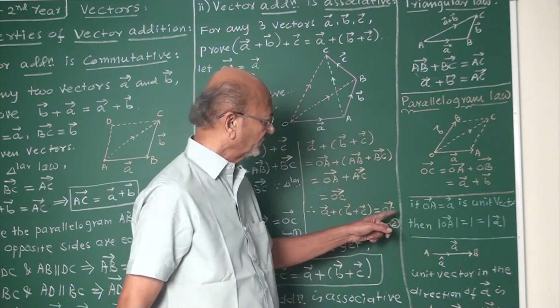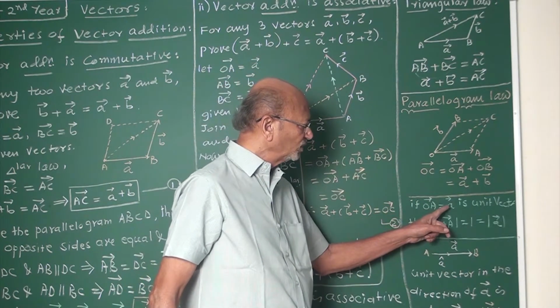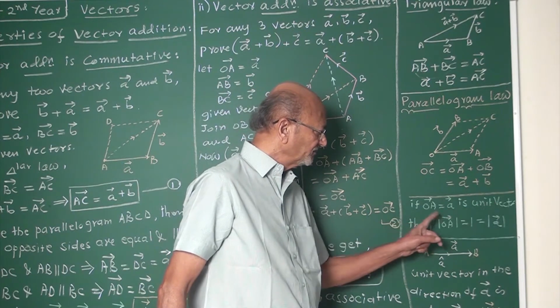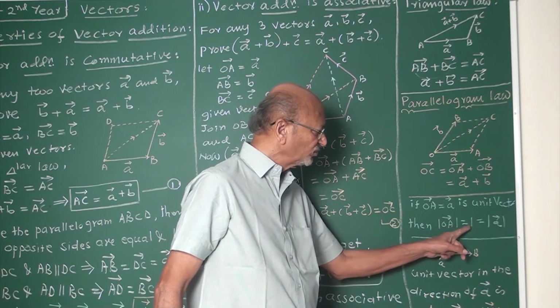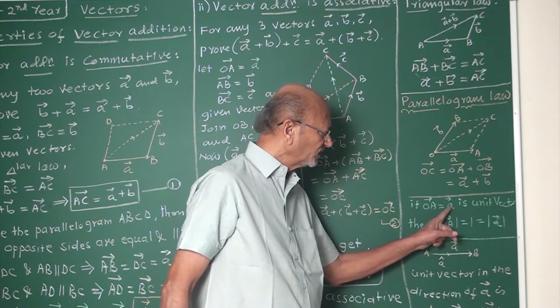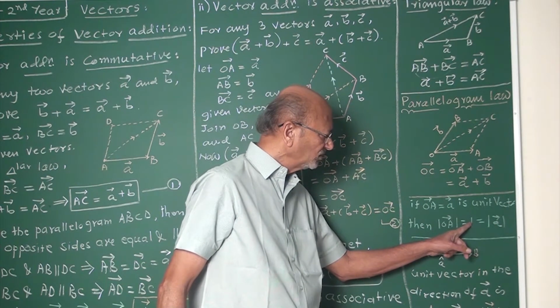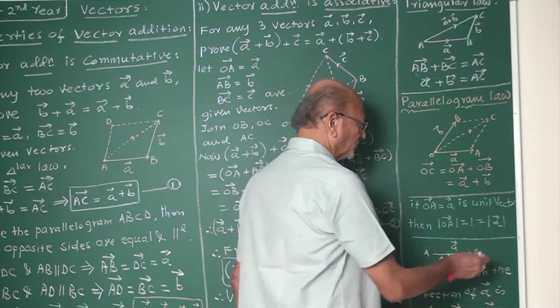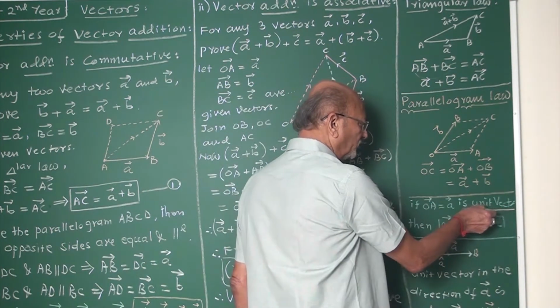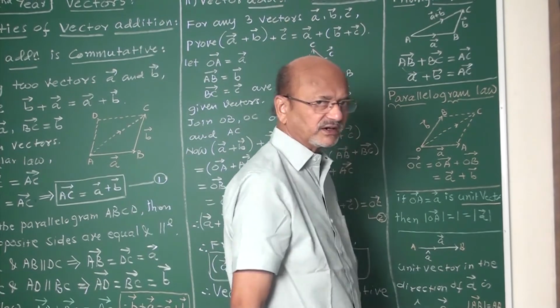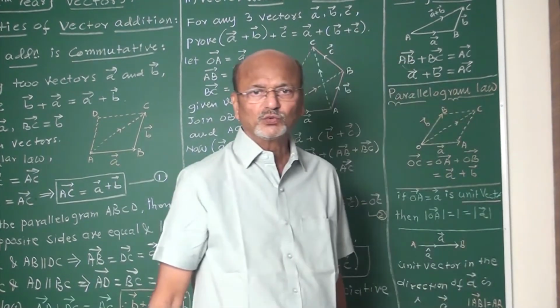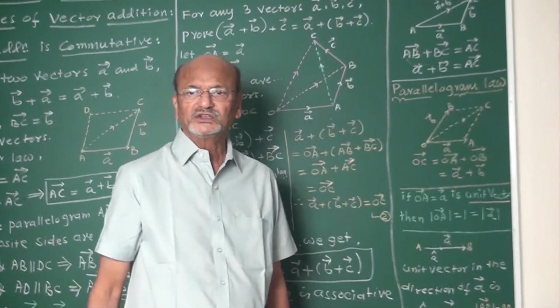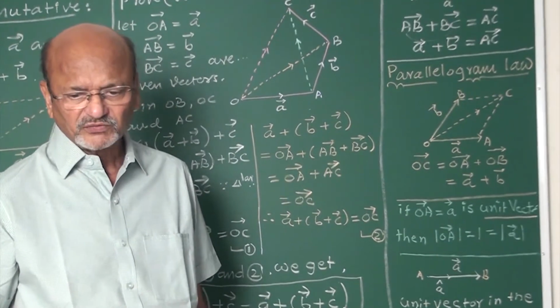I have written here, my friends: if OA equal to vector A is a unit vector, then its magnitude is 1. Magnitude of A is also 1 unit. This is the definition of a unit vector. It is a vector whose magnitude is 1.